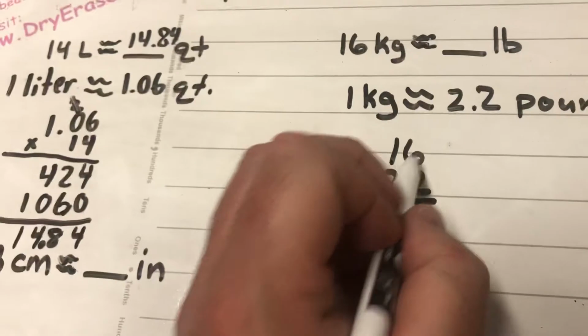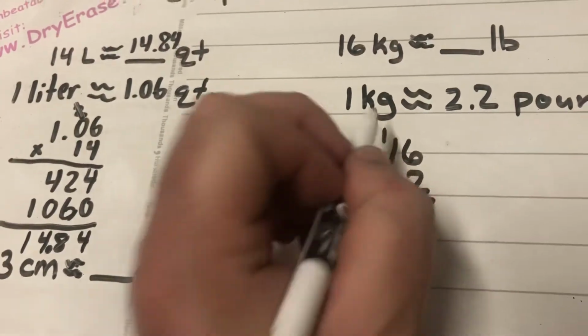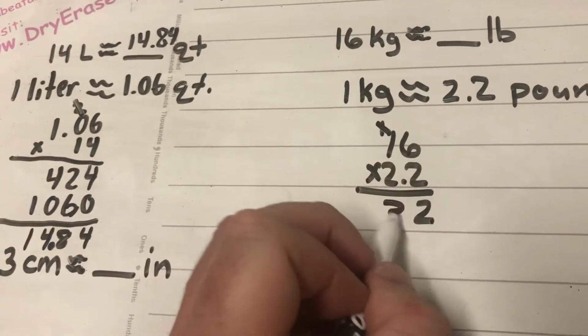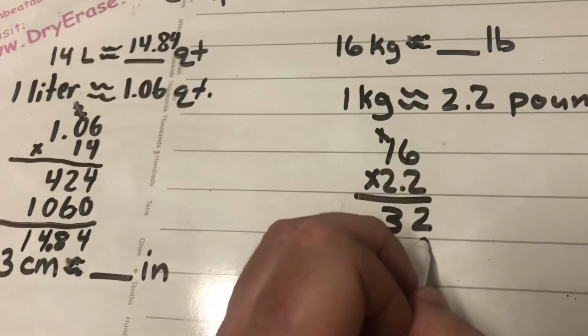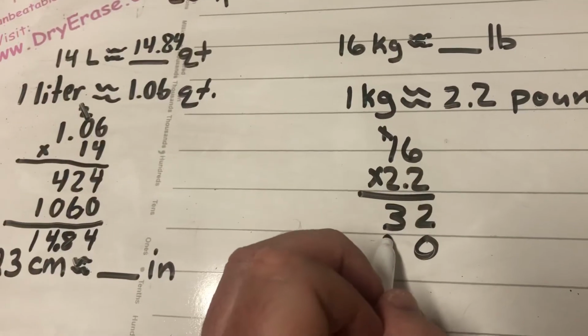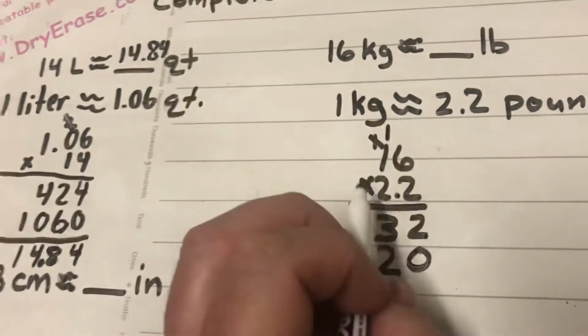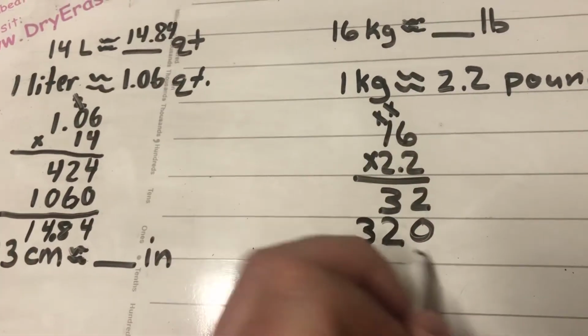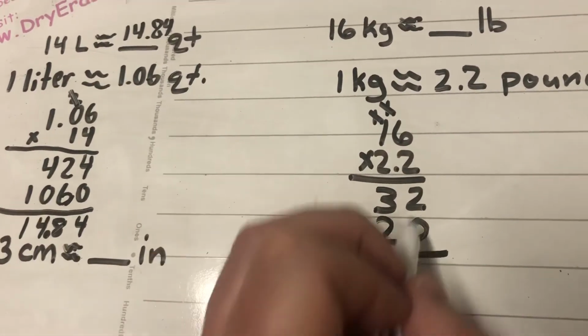Well, 2 times 6 is 12. Put the 2 down, carry the 1. 2 times 1 is 2, plus the 1 is 3. Put the 0 down to line everything up with the 2. 2 times 6 is 12. Put the 2 down, carry the 1. 2 times 1 is 2, plus the 1 is 3. I go ahead and add these two numbers.